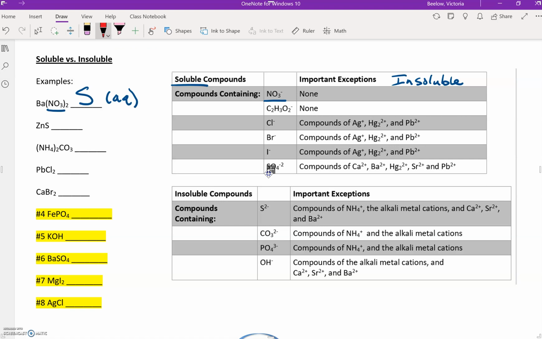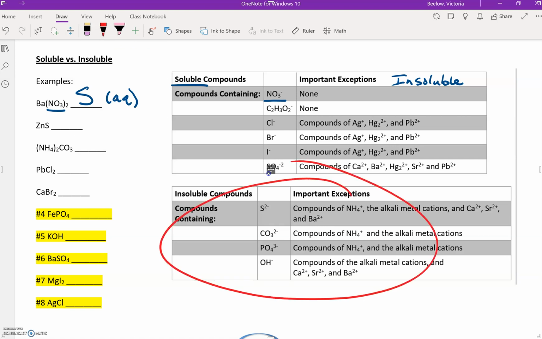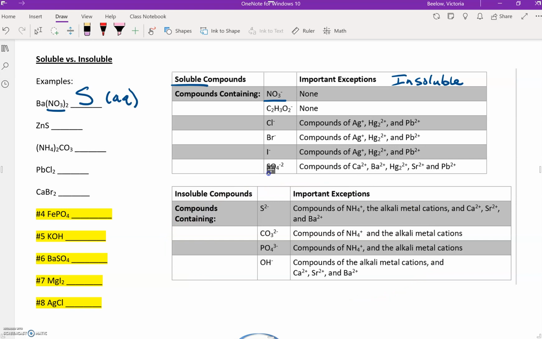Let's do another example problem using this chart down here. So I have ZnS, so that's sulfur, which is right here. And I'm going to be looking here at my exceptions. I don't see Zn listed as one of the exceptions, so therefore it's going to be insoluble and it's going to form a solid precipitate.